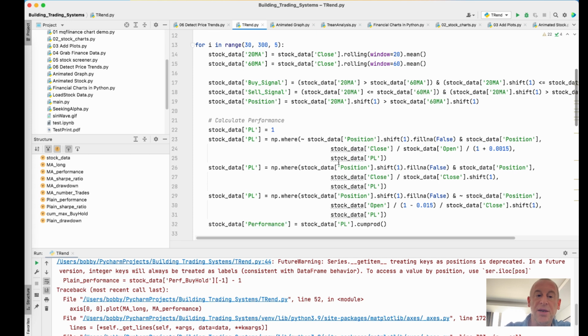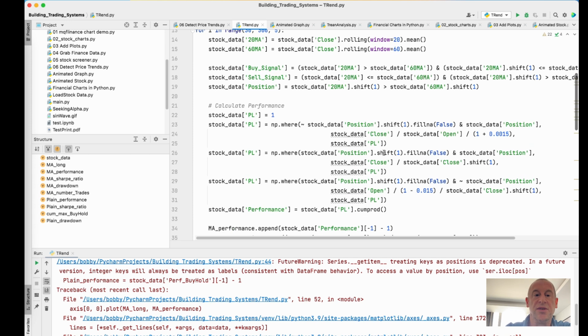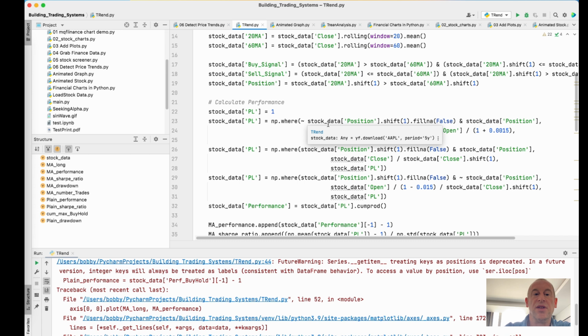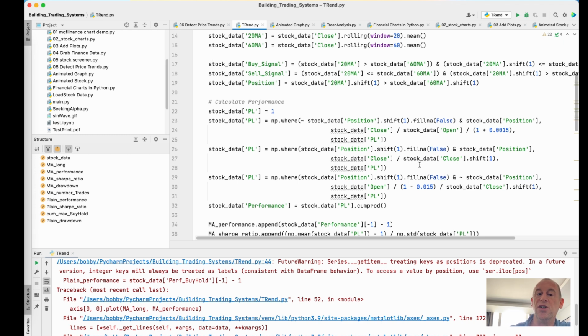In the next step, I calculate my performance. If there's a buy signal, or the previous day there was an open position and I have an open position now, then I assume that I buy at the open price and divide it by the close price. And I also add a slippage of 0.15% for trading costs, and because I can't buy at the open.